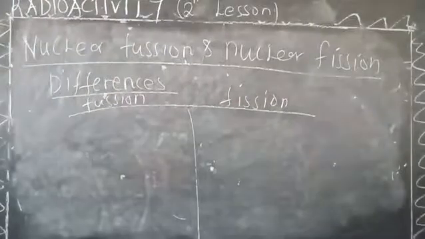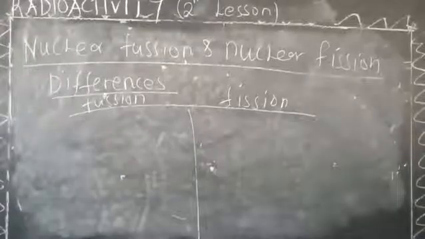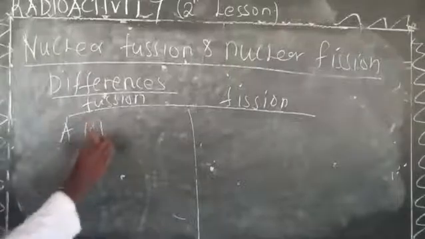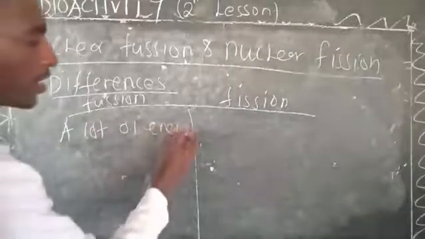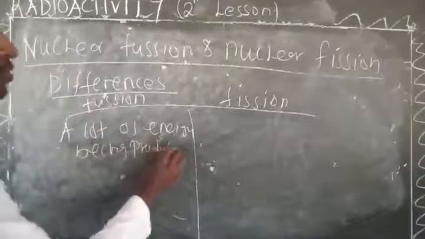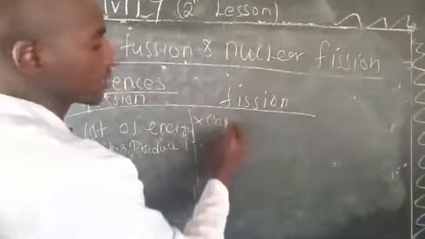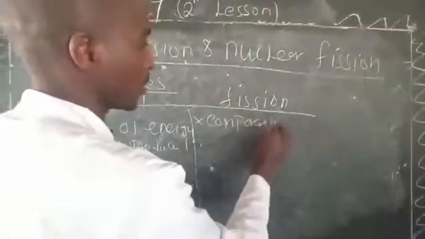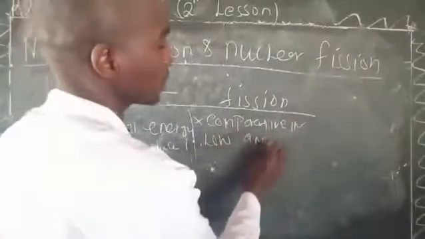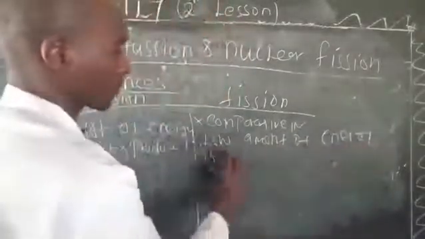For fusion, though in both of them a lot of energy is produced, in this case we have a lot of energy being produced. But when we move to fission, a comparatively low amount of energy is produced.